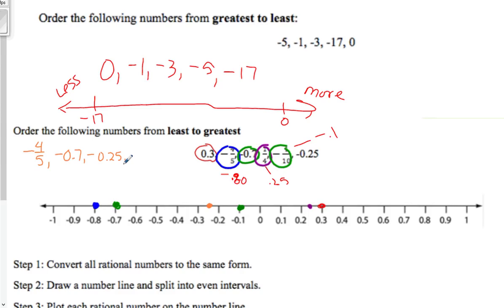And then we have -1/10. And then we have 1/4, and then we have 0.3. So this is my final answer. Because it didn't say to put it on a number line, the number line helped us to put them in order, and then we have to rewrite them in order using the original form.